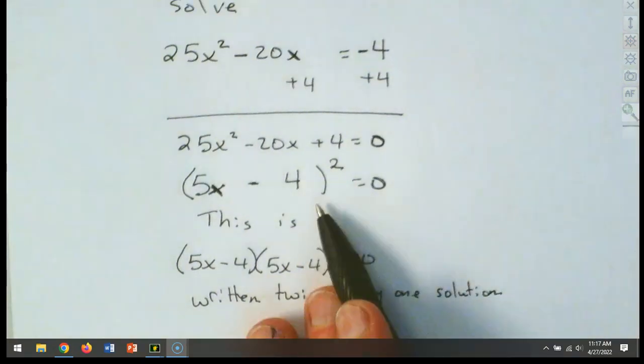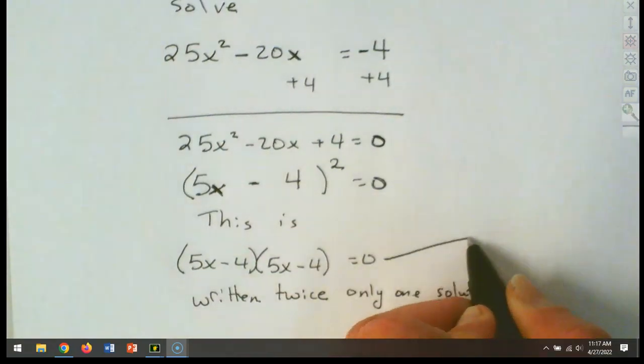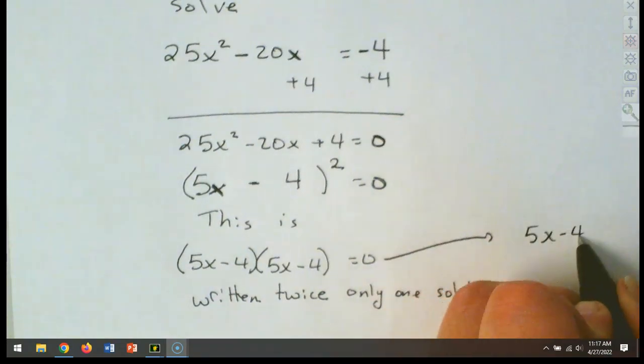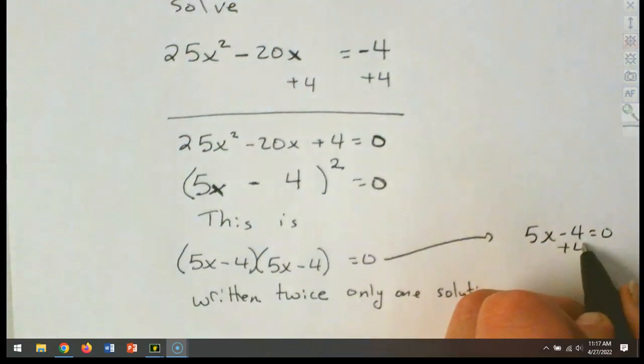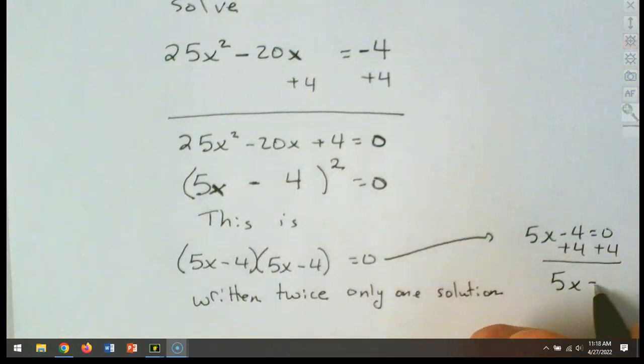Whenever you have something squared like this, you're only going to get one answer because it's the same thing, just written twice. So what's my one answer going to be? Well, it's going to be 5x minus 4 equals 0. Add your 4. So 5x equals 4.